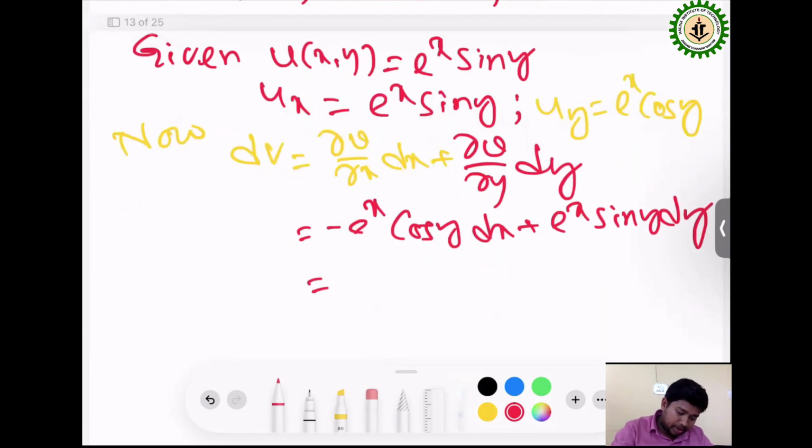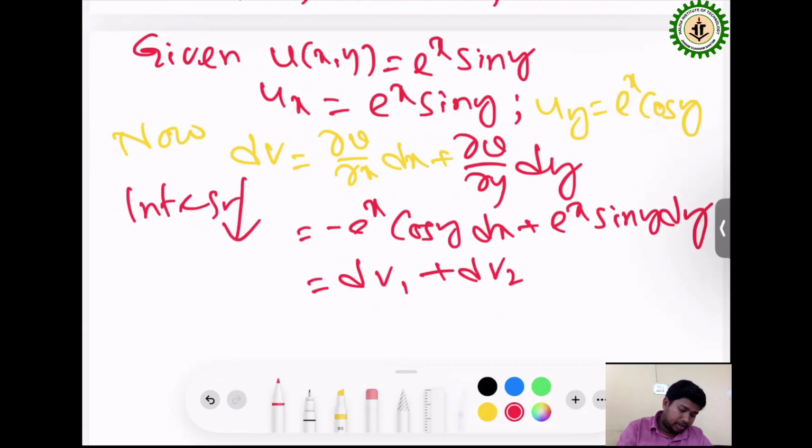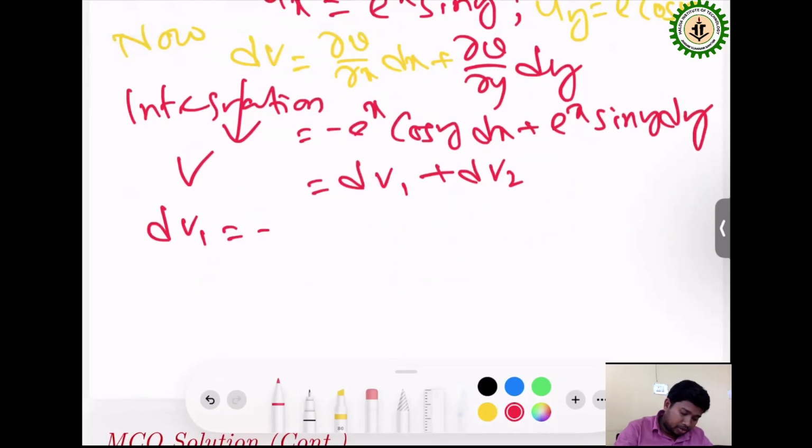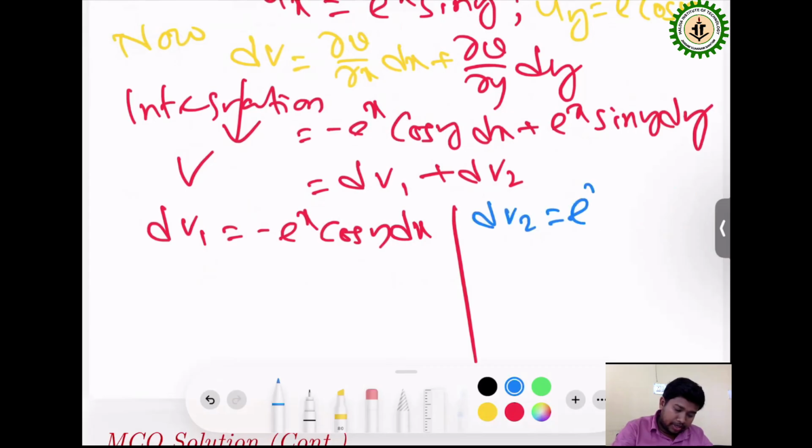You can consider the dv function here as dv1 and the other function as dv2. We integrate these to obtain the v function. So dv1 equals minus e to the power x cos y dx, and dv2 equals e to the power x sin y dy.